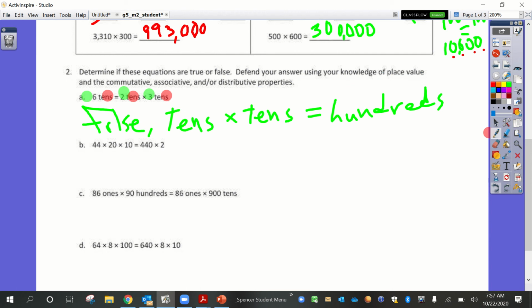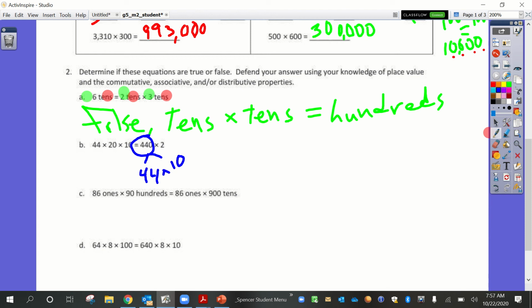So let's go ahead and look at B. And it says 44 times 20 times 10 is the same thing as 440 times 2. Well, let's see if we can break this down. Well, 440 is really, whoops, let me not break down the 2. 440 is really what? Well, it's 44 tens, so it's 44 times 10. So it would be 44 times 10 times 2.